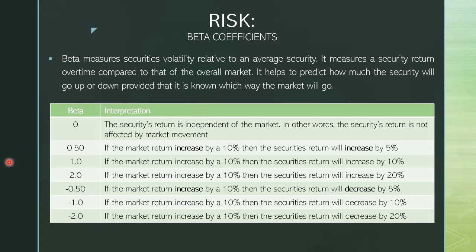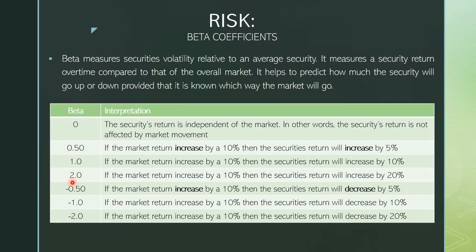For example, let's say the beta for stock A is 0.5. It means that if the market average increased by 10%, then stock A would increase by half of the market movement, meaning that it will increase by 5%.